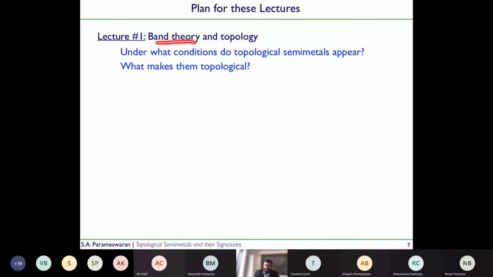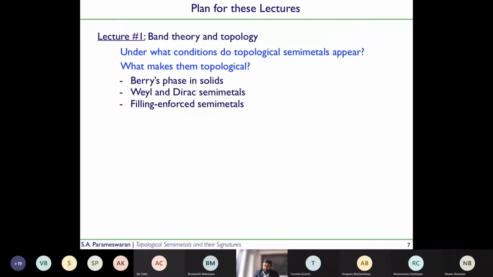And so I want to focus on the ideas of band theory and topology and identify the conditions under which topological semimetals appear and explain what makes topological semimetals topological. So what I'll do is talk about Berry's phase in solids and give you the best known example of topological semimetals, which are Weyl and Dirac semimetals, and give you some experimental settings they come in, and talk a little bit about their properties.